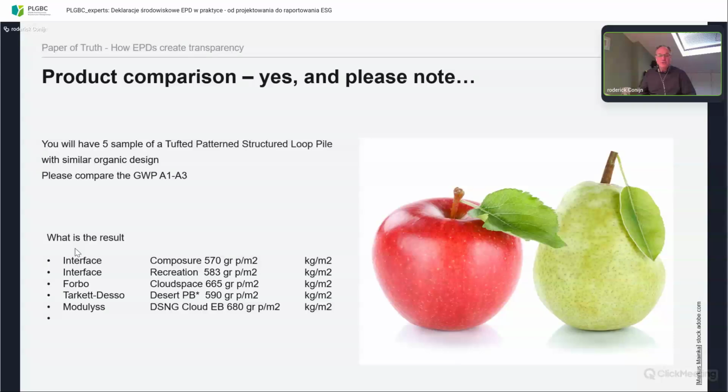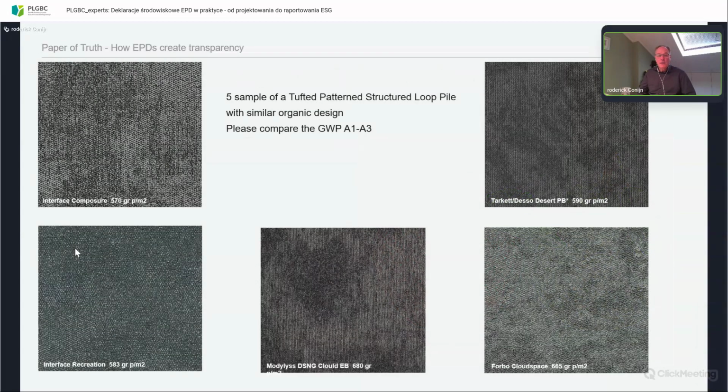The Forbo Cloud Space, the Desso Taquet initially with its standard bitumen backing, and the Modulus Cloud. As you can see, they're all within the 100 gram bracket, and they all are organic designs which can be installed randomly, but there is a huge difference between the yarn types.